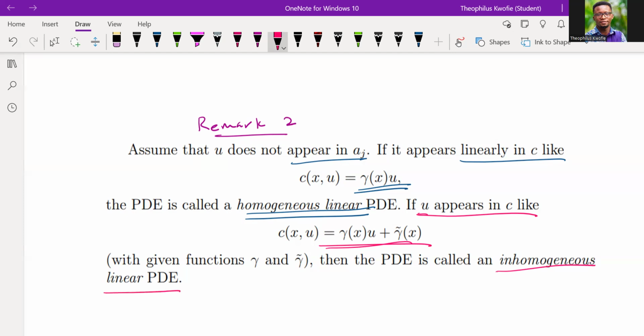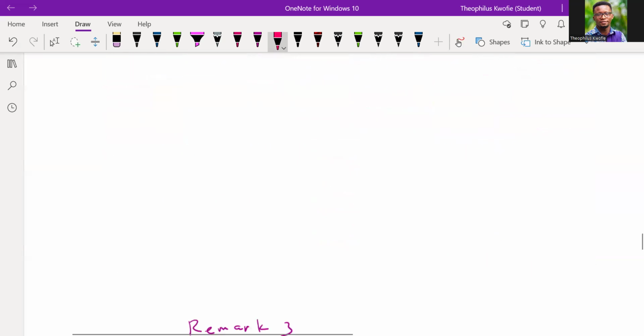So let's take note of that. If we add some constant term to this, then we get the inhomogeneous or non-homogeneous linear PDE. Very, very important.